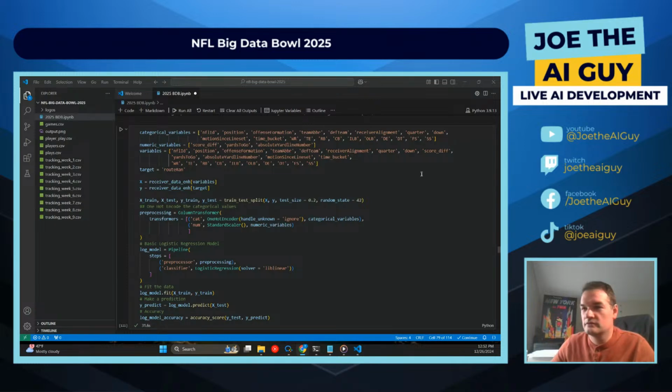Yeah, nothing jumped out to me as I scan over the data set here. Let's see. Penalty yardage. That's not going to be useful.